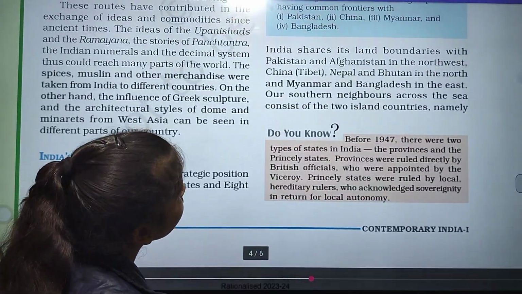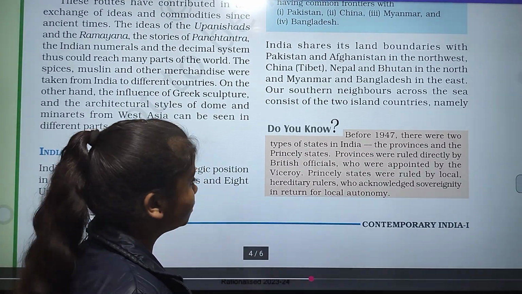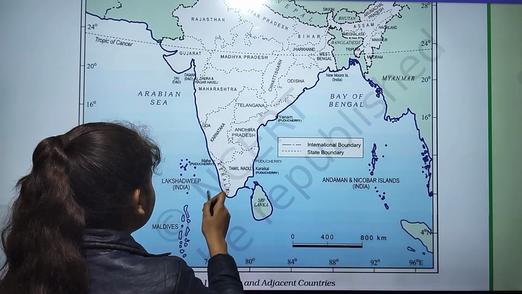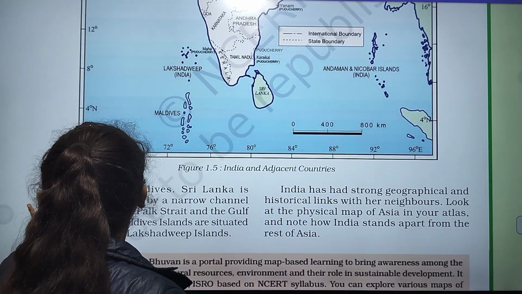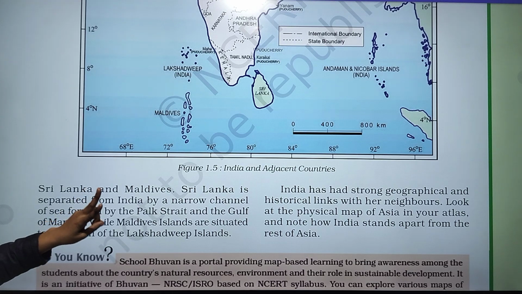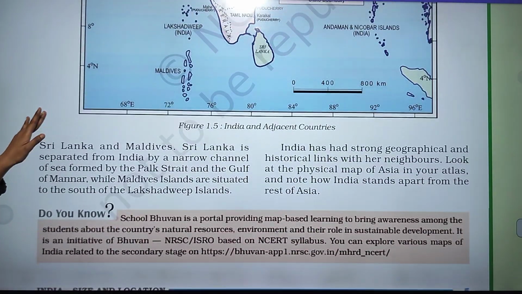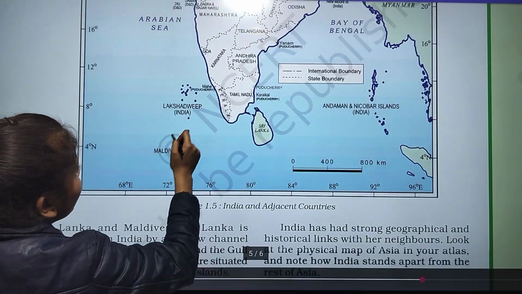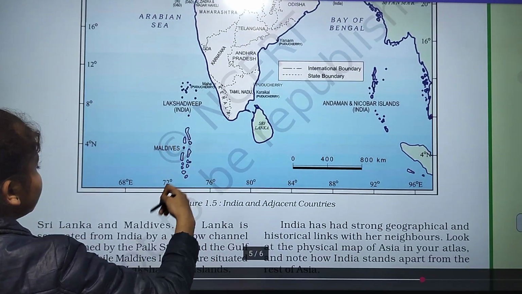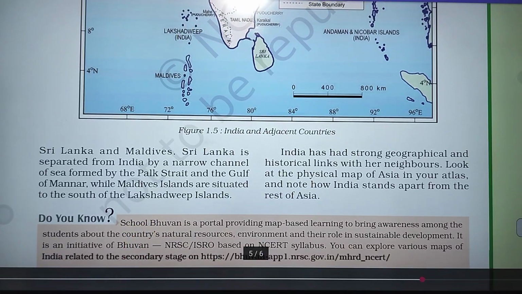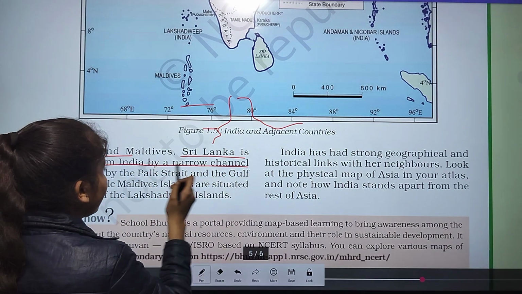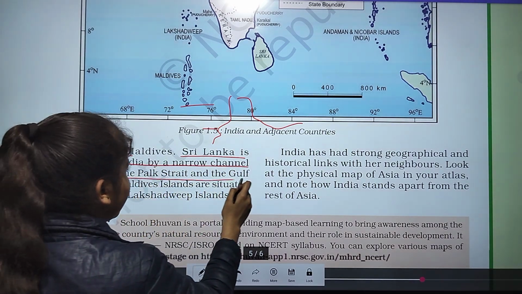And also in the south, there are 2 island countries, that is Sri Lanka and the Maldives. Here you can see Sri Lanka, and where is Maldives? Here in the south. Lakshadweep is a part of India, and also the Andaman and Nicobar. Sri Lanka is separated from India by a narrow channel of sea formed by Palk Strait and Gulf of Mannar.